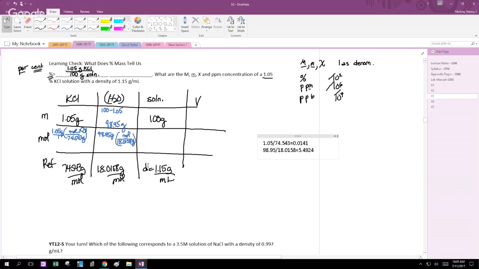What else can I find? Absolutely. And that would give me my total moles.